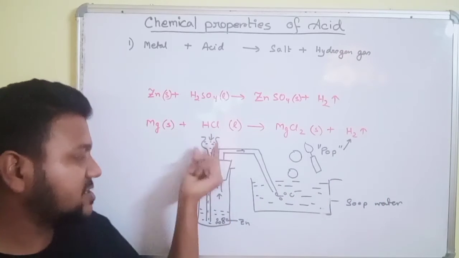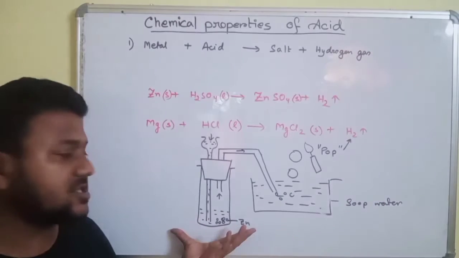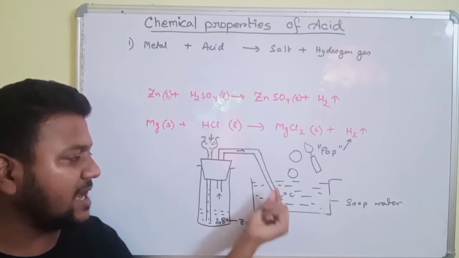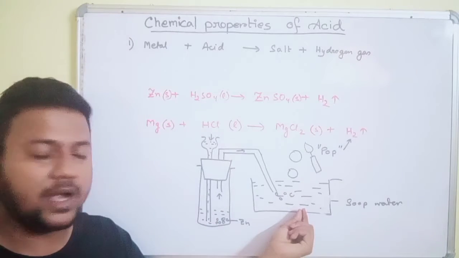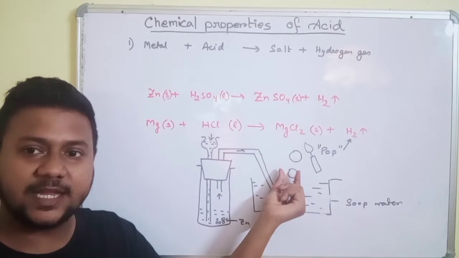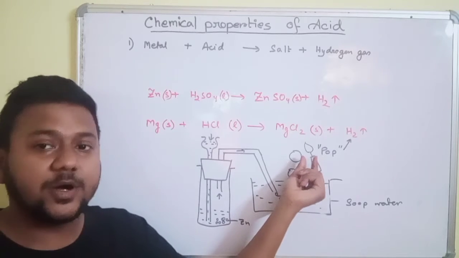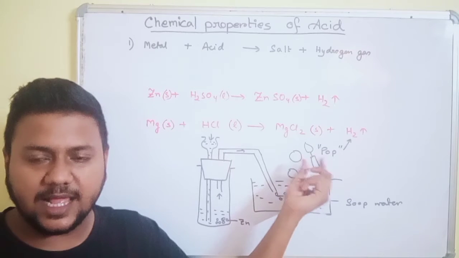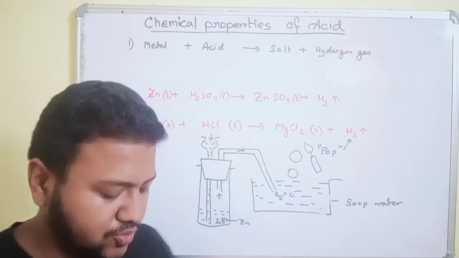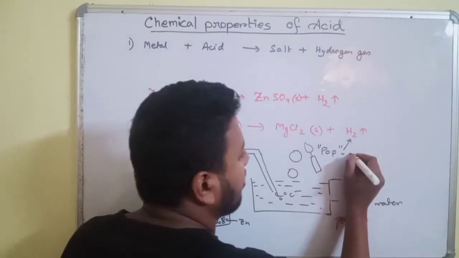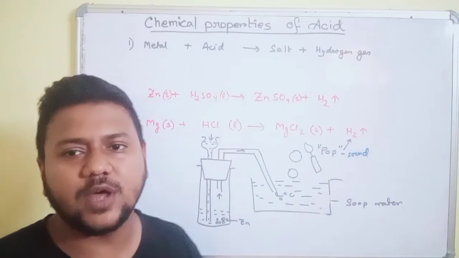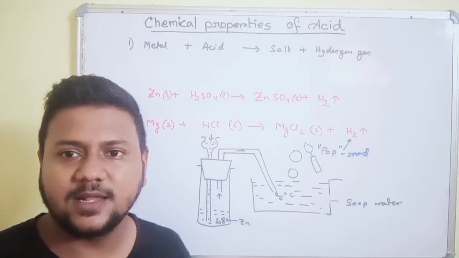When the reaction is taken in such a setup, the gas that is evolved is collected and passed into soap water. We will see that the soap bubbles containing hydrogen gas, when burnt with a candle brought near to it, produce a pop sound. This pop sound is because of the hydrogen gas. Clear?